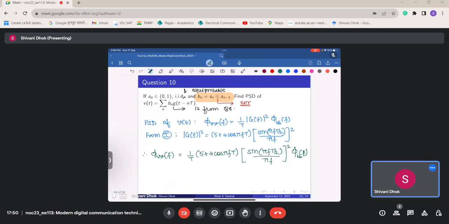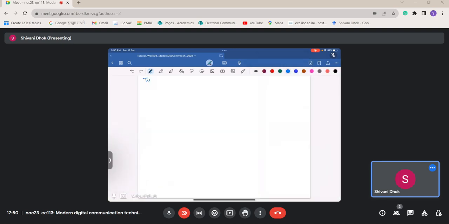So what we need to do is find phi BB of f, and this phi BB of f is simply summation m running from minus infinity to infinity of phi BB of m into e power minus j 2 pi f m capital T. Therefore, in order to find this, we first need to find phi BB of m.